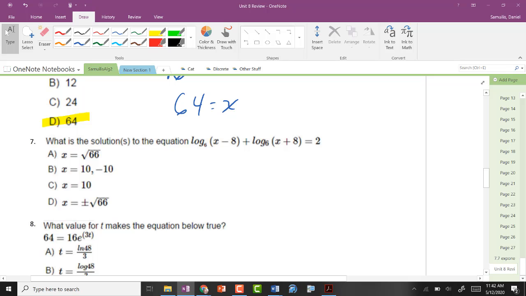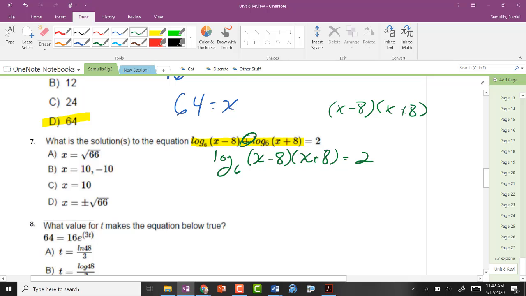Step 1 is to condense to one logarithm. So I end up with log base 6. I have to multiply, that condenses to multiplication. Little side problem here, x minus 8 times x plus 8 is x squared minus 8x plus 8x minus 64.